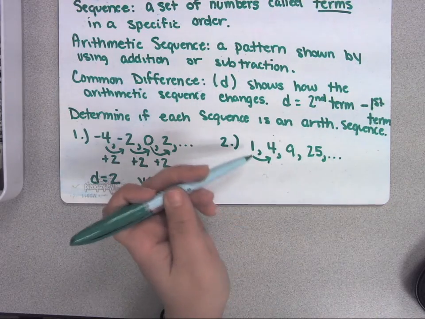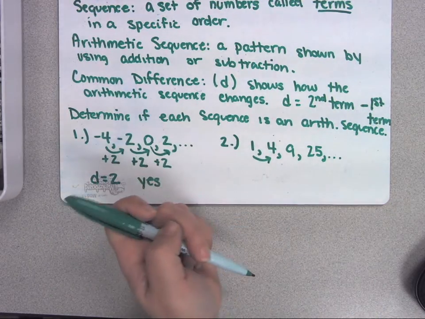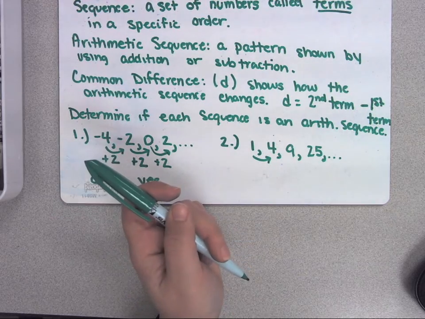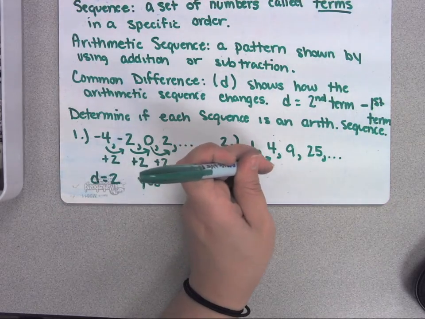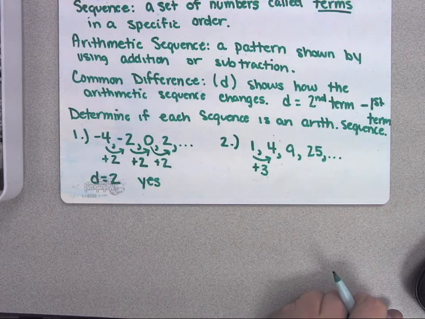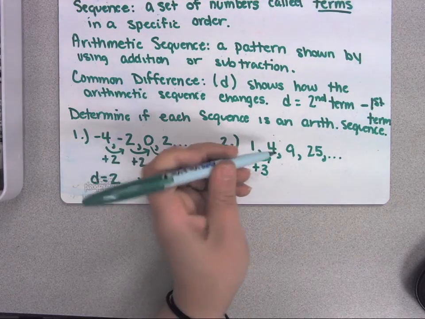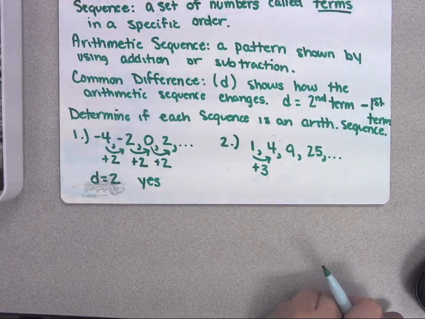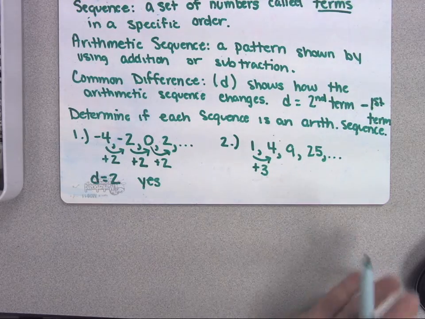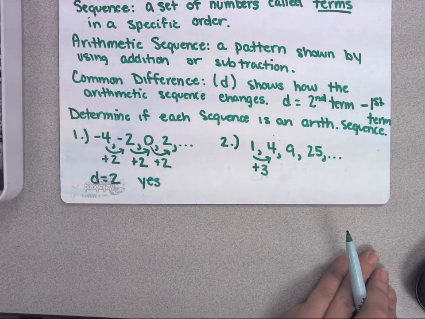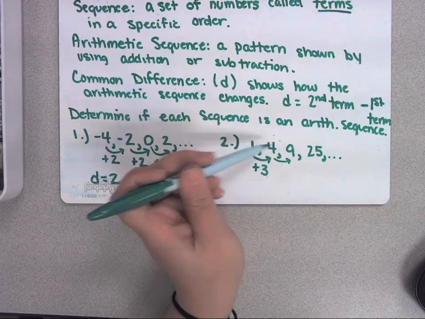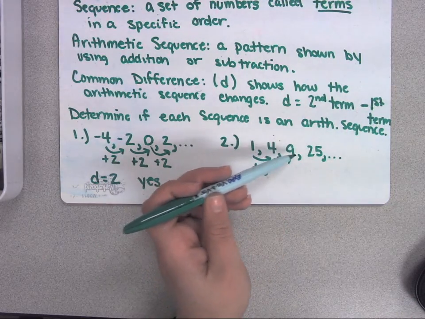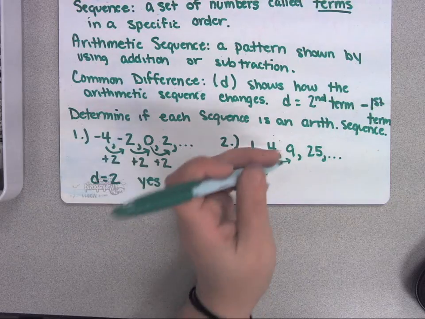If you can do it in your head, how do you get from 1 to 4? What are you going to add or subtract? Add 3, so I'm going to write +3. Again, if you can't figure it out, do the second one minus the first one and write the answer underneath. Now look at the next group: how do I go from 4 to 9? +5.